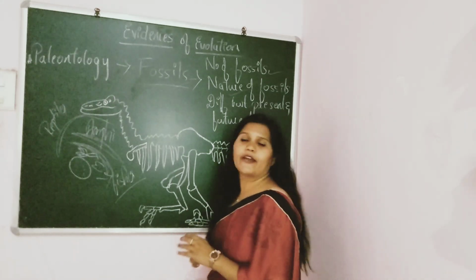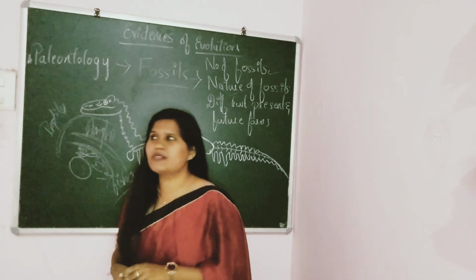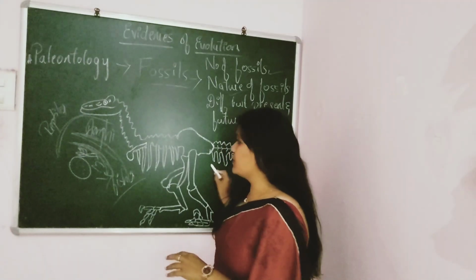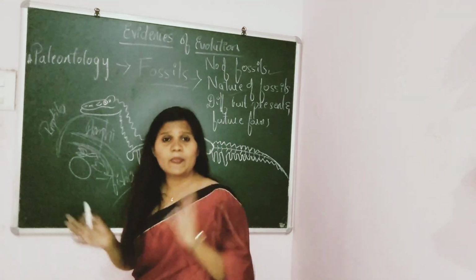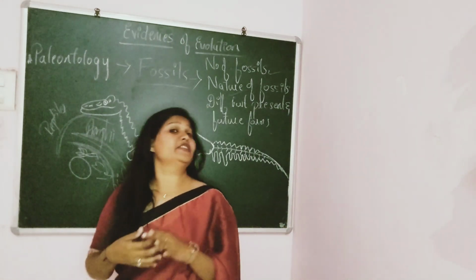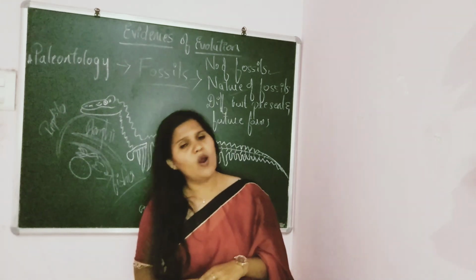Nowadays we cannot find this dinosaur because it is extinct. We don't see dinosaurs roaming over here, right? This dinosaur was present many million years ago. So we can directly notice that there is a difference between the past and present forms of living organisms.